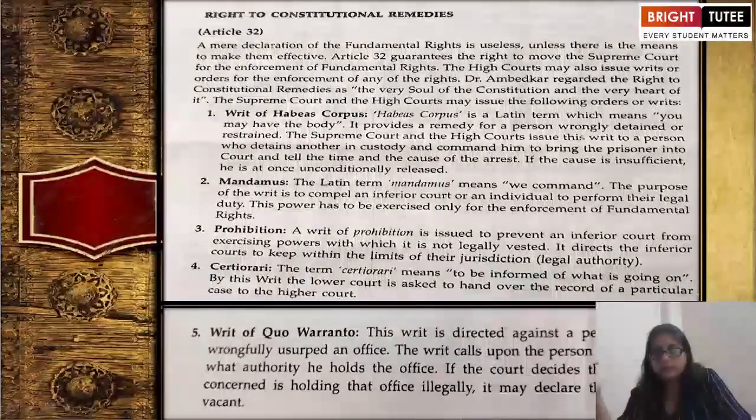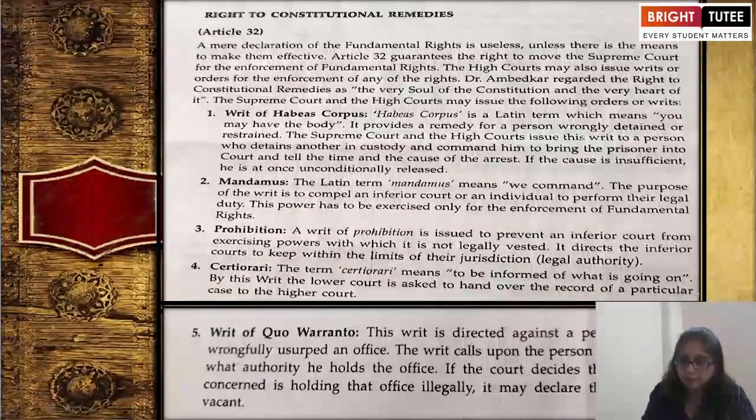If the court feels that the detention has no merit, it can order the release of the person so detained. This writ, in fact, prevents the executive from becoming absolute. So the first one is the writ of habeas corpus.